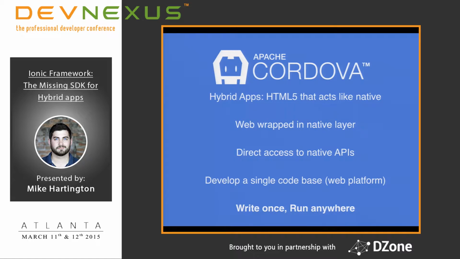So you can feed it HTML, CSS, JavaScript, and actually load that onto your device and sell it through the App Store. You have access to device APIs through consistent JavaScript methods. And you're developing in a single code base, all for the web. And so, you can write once and run everywhere.